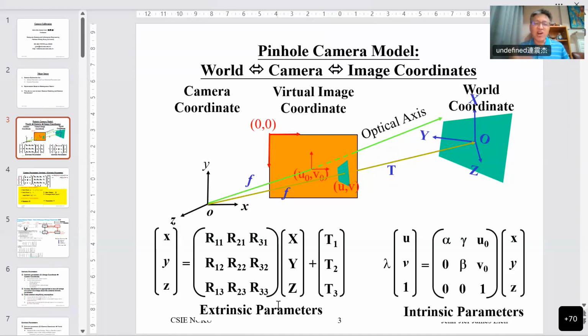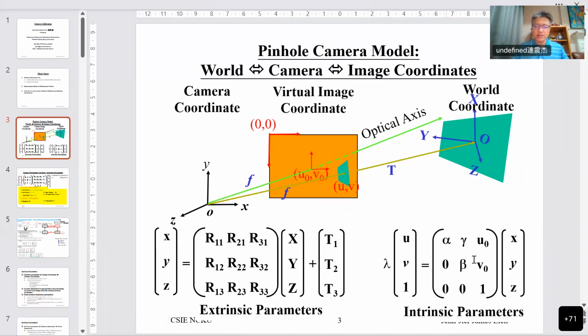But scaling means whether the object is closer to you or far away from you. If it is close to you, the object will be big. If it is far away from you, it is smaller. This is called perspective projection, and it is affected by scaling. Scaling is equal to the focal length, the alpha and beta focal lengths.